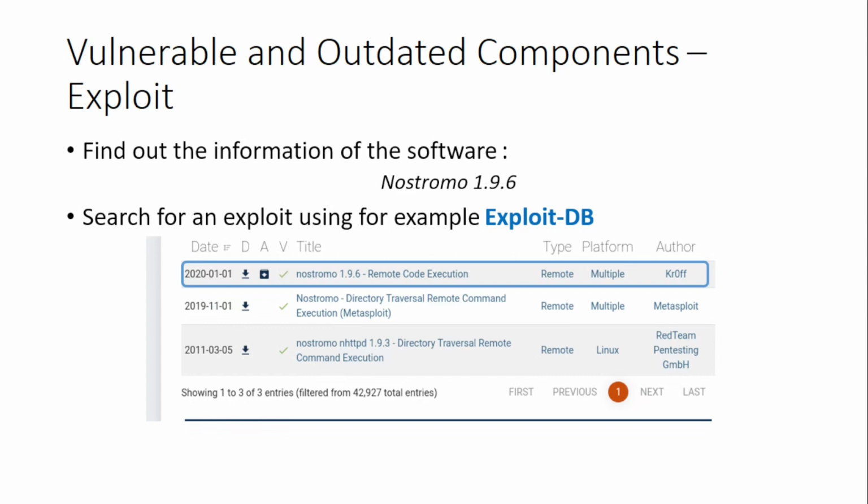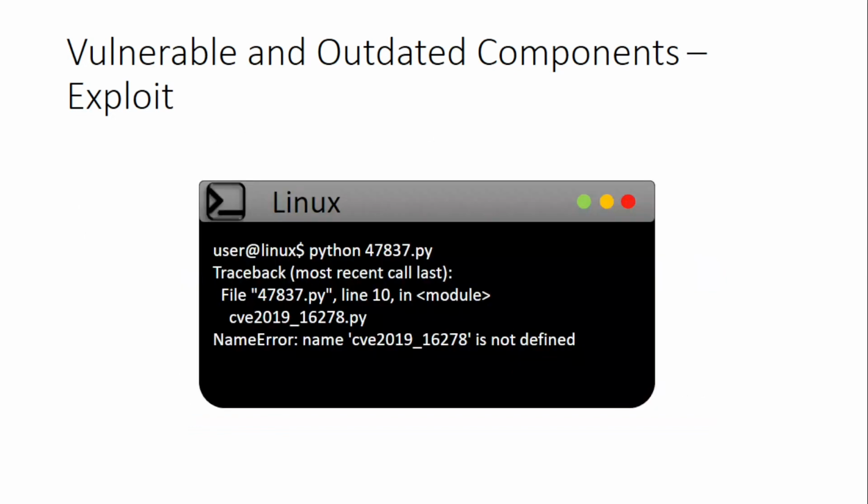After downloading it, when we try to execute it, we end up with this error. Name CVE 2019 116, etc. is not defined. And you get in line 10, this isn't defined.